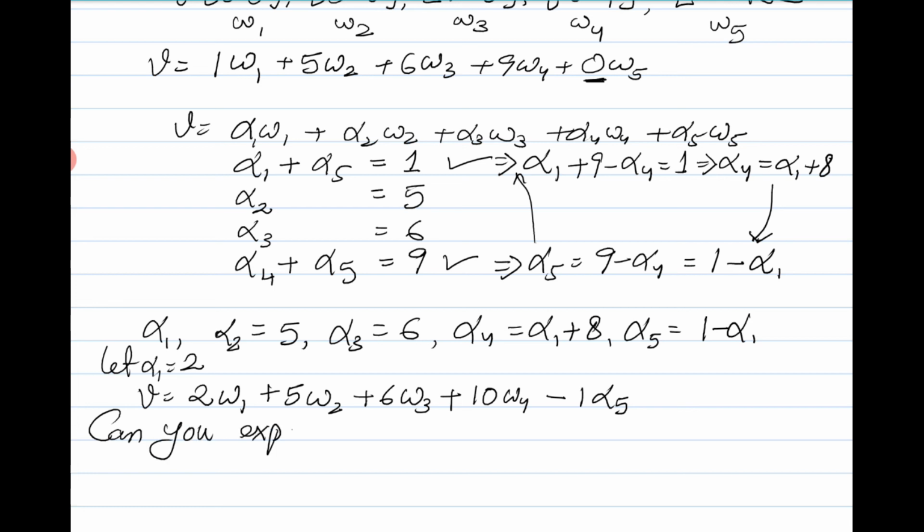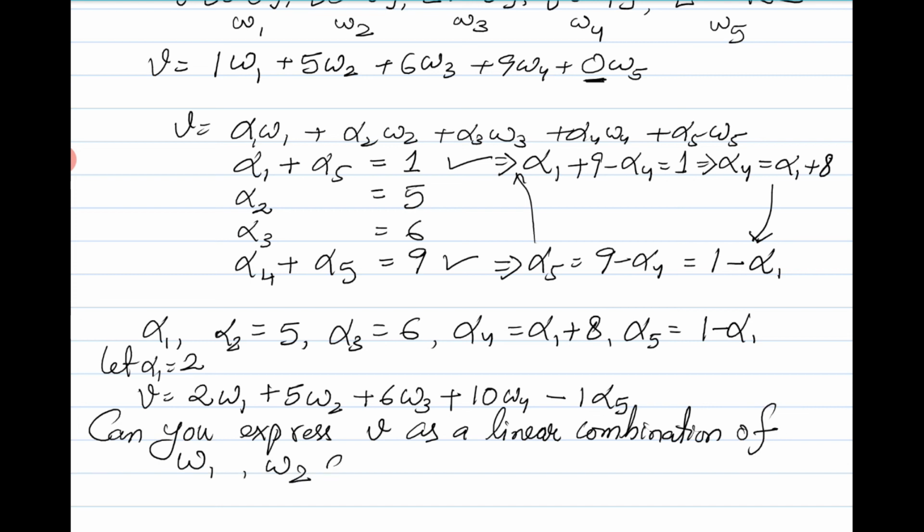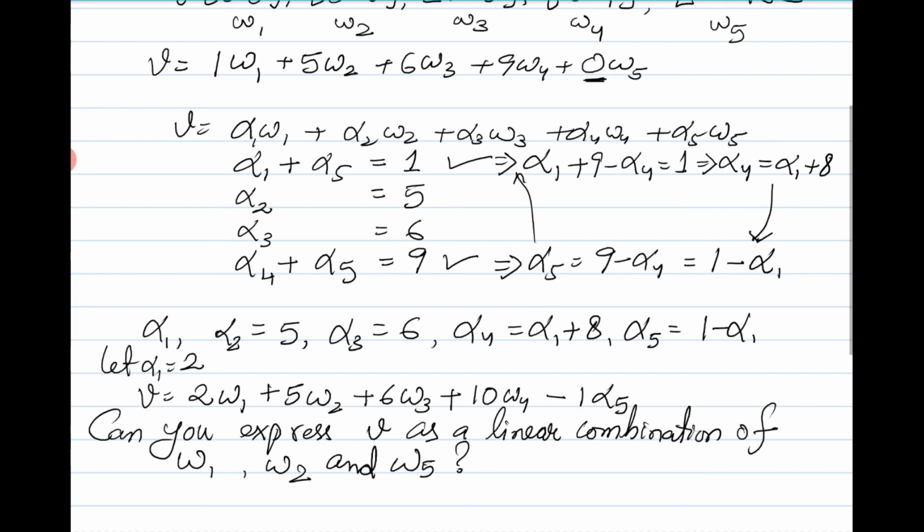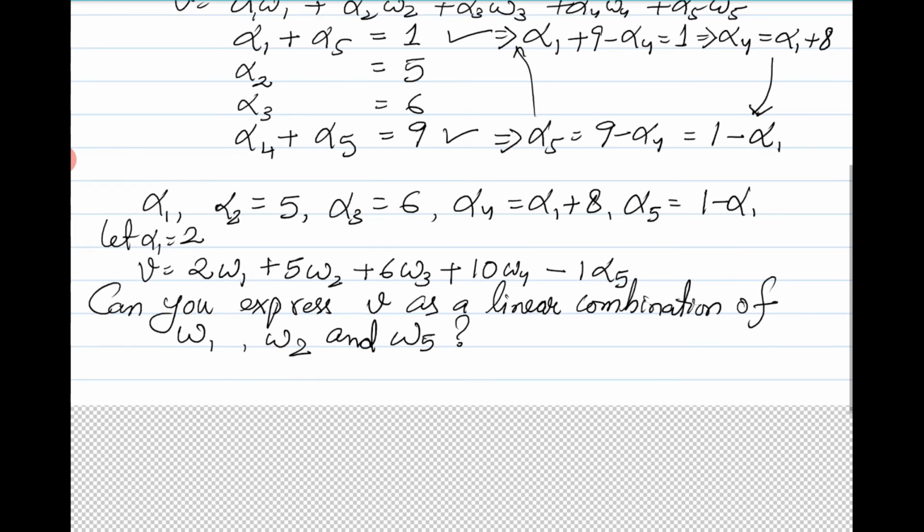Can you express v as a linear combination of w1, w2 and w5? Okay, please verify this.